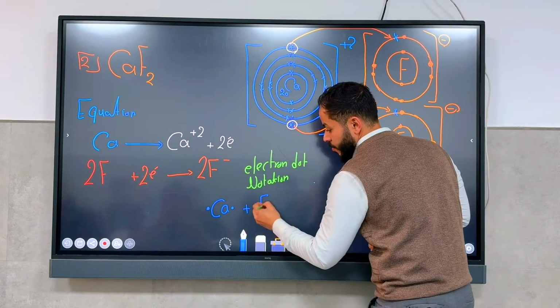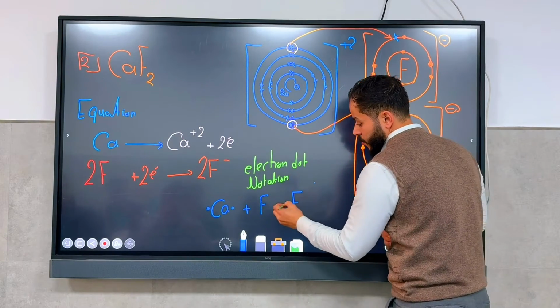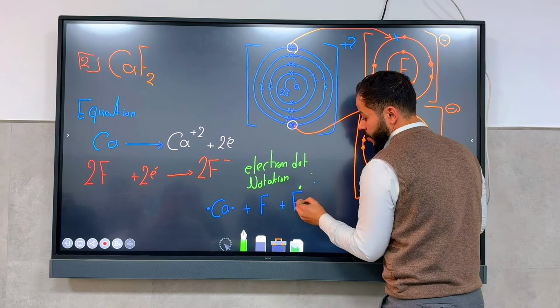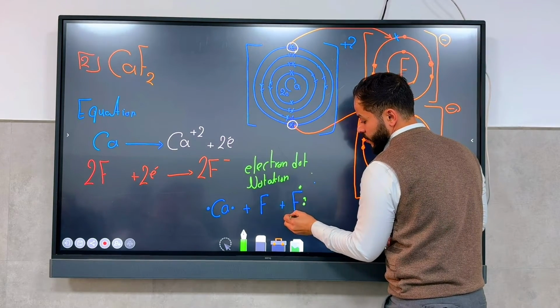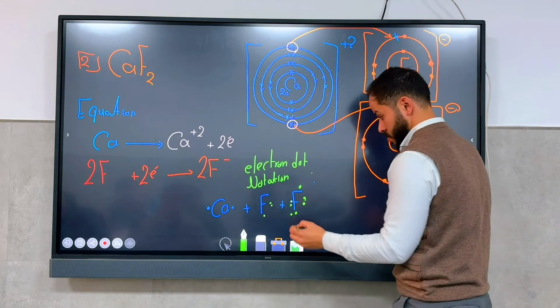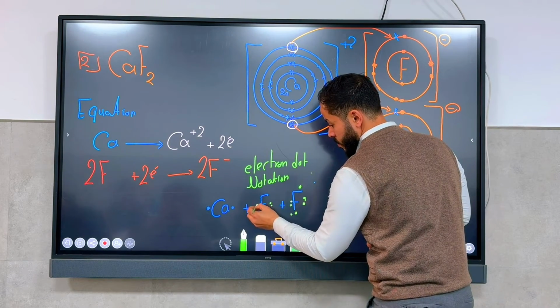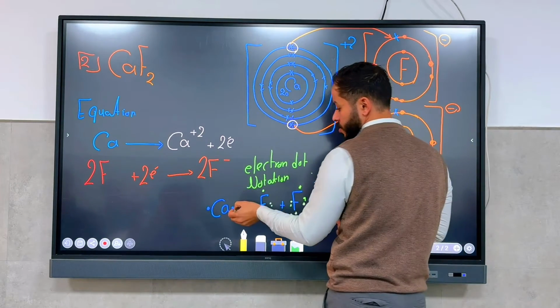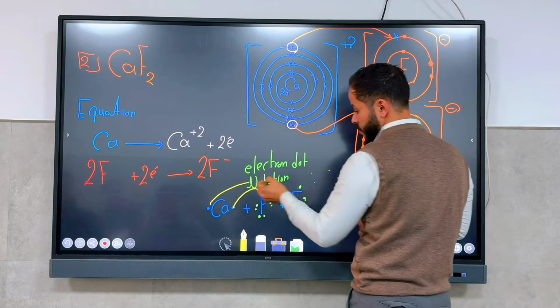How many fluorine atoms do I have now? 2 fluorine atoms. Each one is surrounded by how many? 7. This is 7, guys. Then we know that this electron will move here, and this electron will move here.